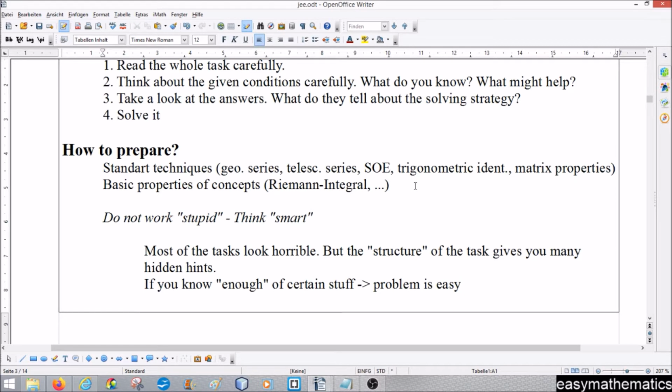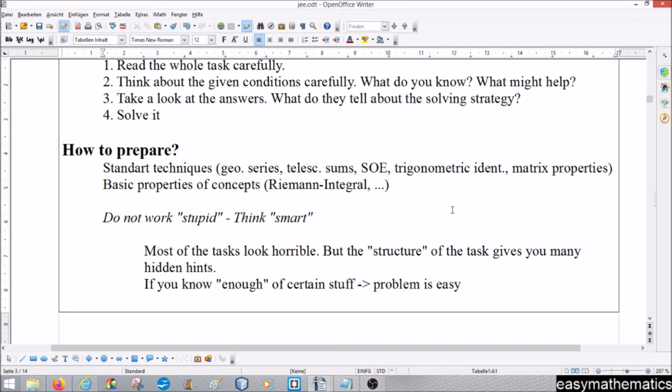Of course, you should know standard techniques: geometric series, telescoping sums, system of equations, trigonometric identities, matrix properties, stuff like that, and also basic properties of concepts, for example, the Riemann integral and other stuff.